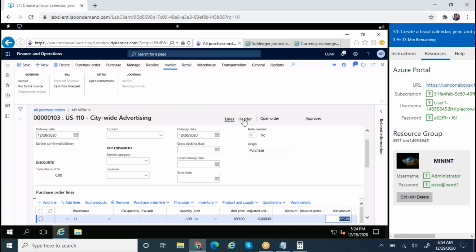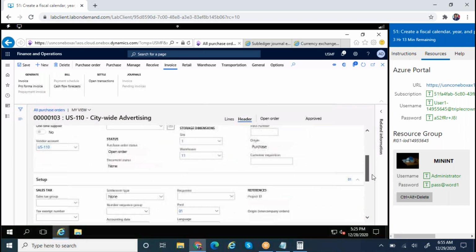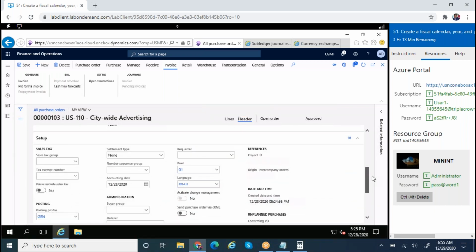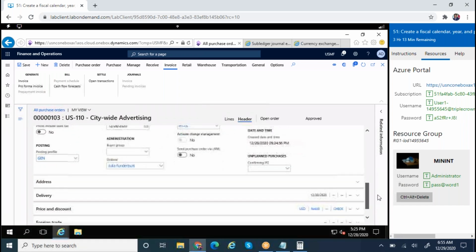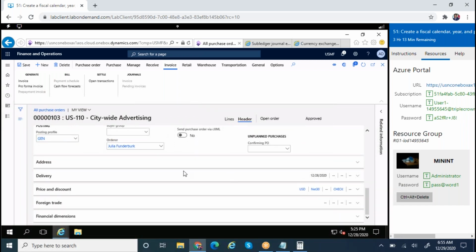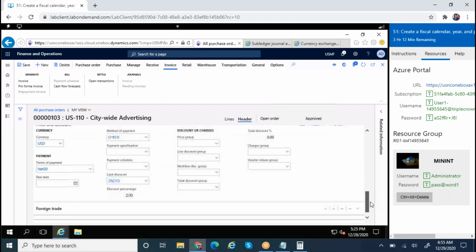Now, if you verify the header, at header level you will see the withholding tax group populated. So it is a must that you map it at the vendor level. I think it is in invoice price and discount, most probably. Let me verify.